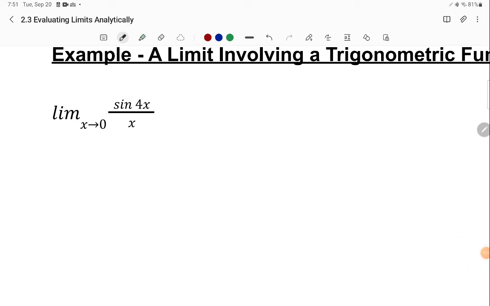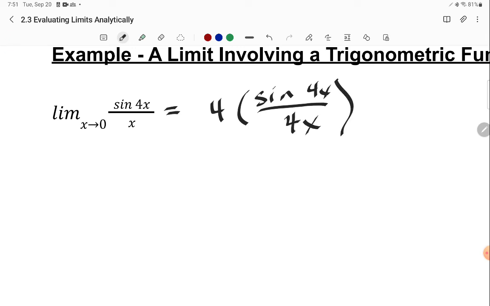All right, so for this one, to get it to look like what we want, we're going to change this and multiply it by 4. Because if we do that, now I can get this bottom function to look exactly like the function inside the sine, which is 4x.